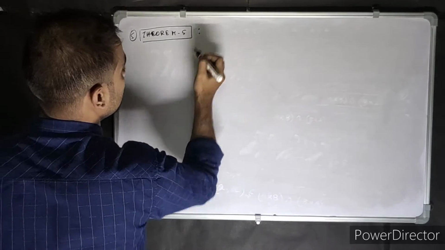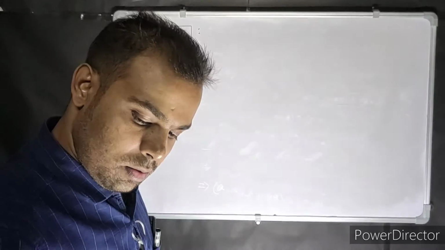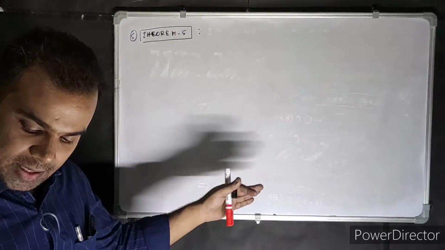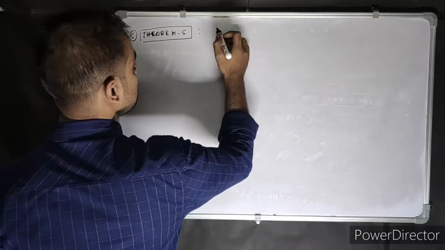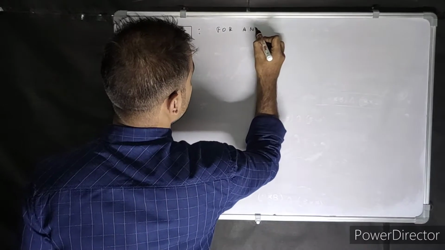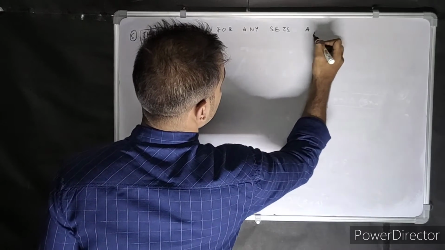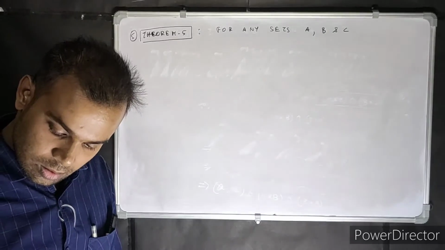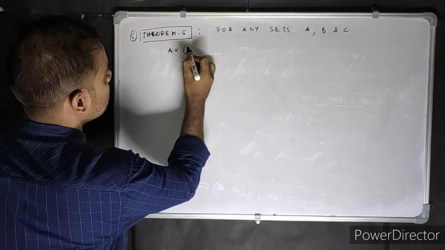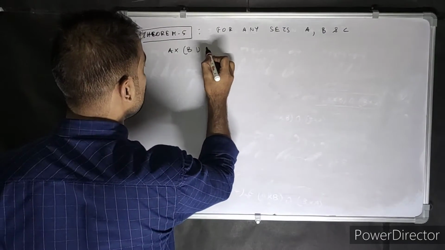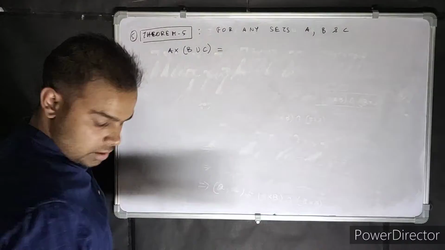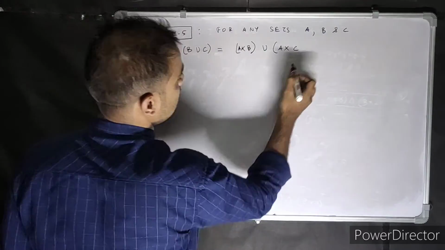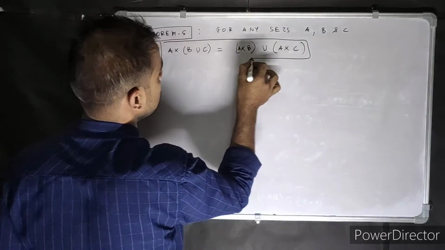Theorem 5. Okay. What does theorem 5 say? Theorem 5 is saying that for any sets A, B, C, so there are three sets given, for any sets A, B and C, A cross B union C is equal to A cross B union A cross C. Those of you who don't want to see the proof, just put this in a box.